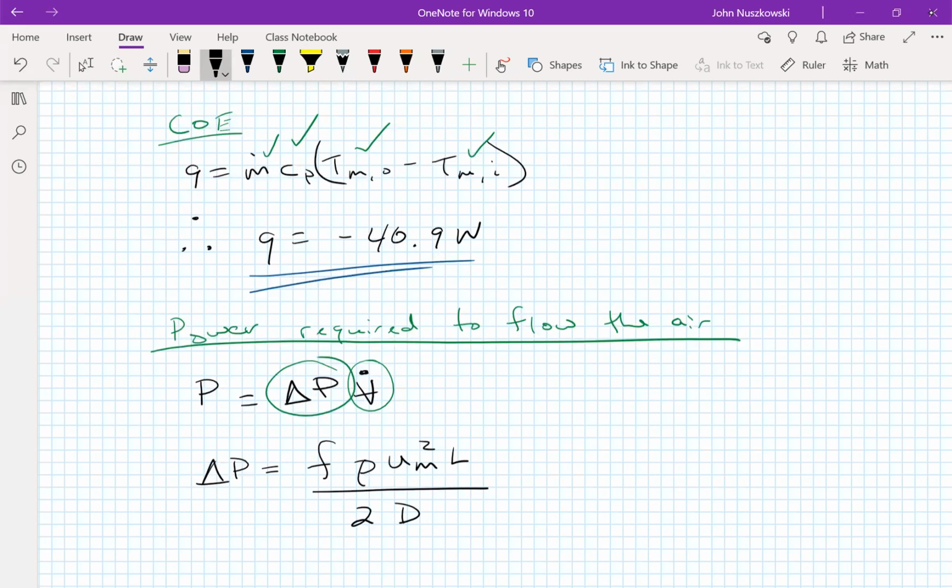Okay. So let's go through that and see. So now we have something for delta P, a relationship. We don't have a friction factor. We don't have density yet. The mean velocity. We do have length. We do have diameter. Okay, so we got to go through and figure these out, right?